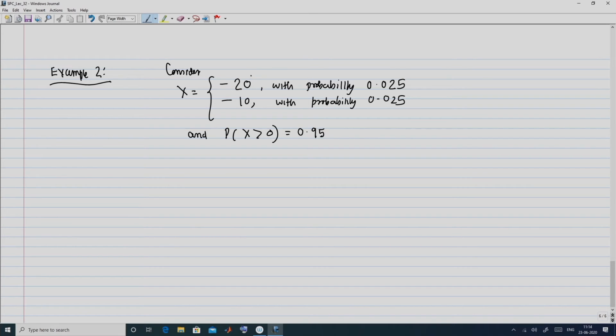So, either X takes the value -20 or -10 or simply positive values with the respective probabilities being 0.025 each for the first two cases and 0.95 for all the positive gains.